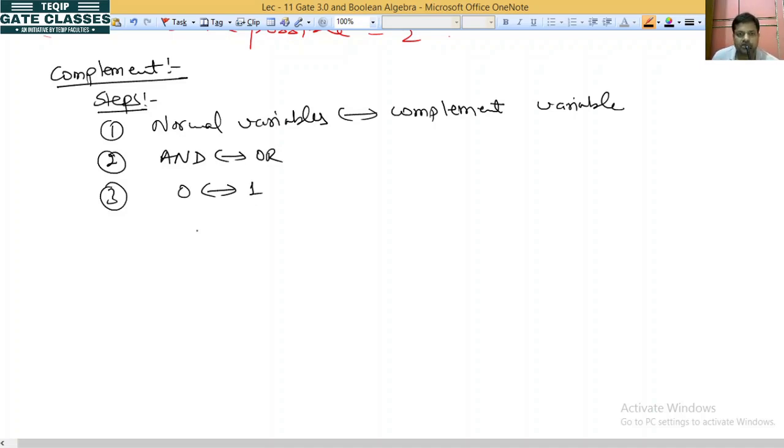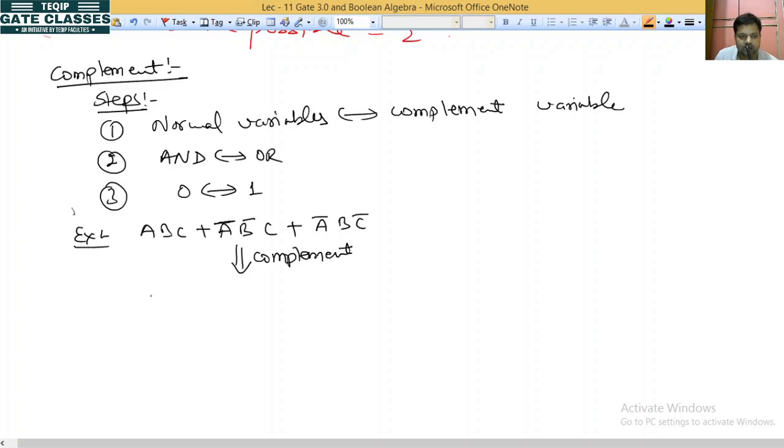और जितने normal variable हैं, you have to change it in complemented form, and whatever complemented form is there, you have to change that in normal form, okay? So in this way you can calculate the complement of an expression. Suppose I have one expression here, abc plus a bar b bar c plus a bar b c bar. Suppose I have this one, I want to calculate the complement of this expression.